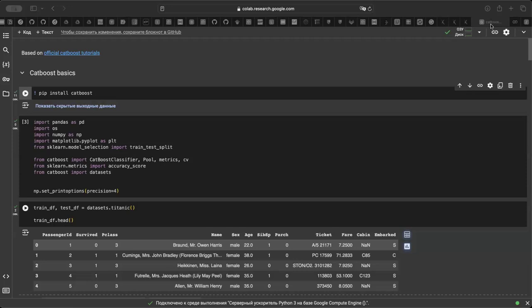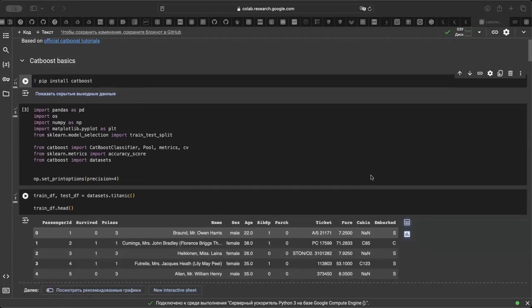Basically, you can choose many policies of creating trees in each of those frameworks, and today we'll talk about Catboost first, and then the other one.